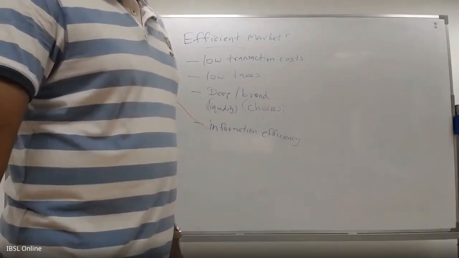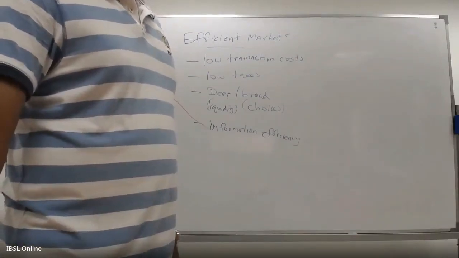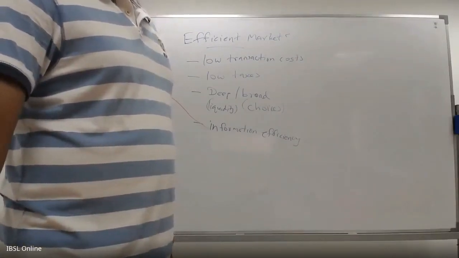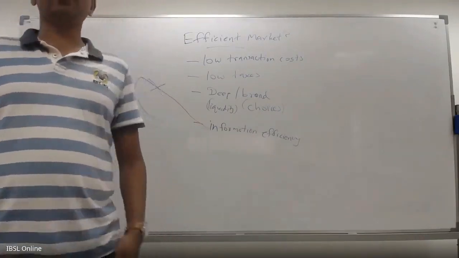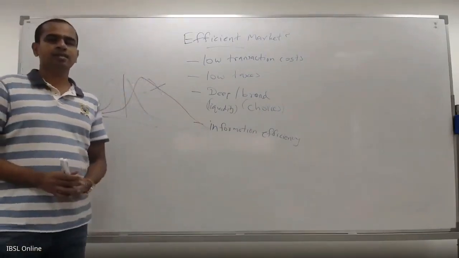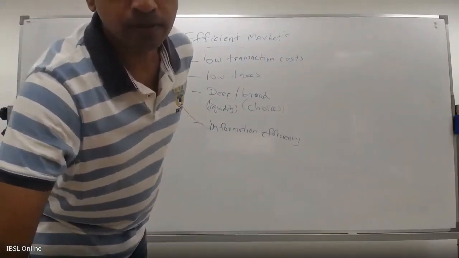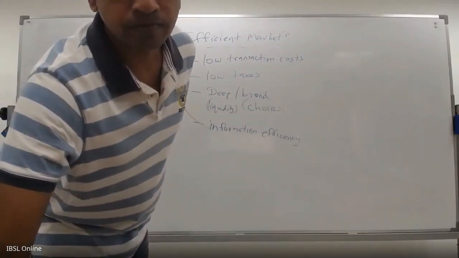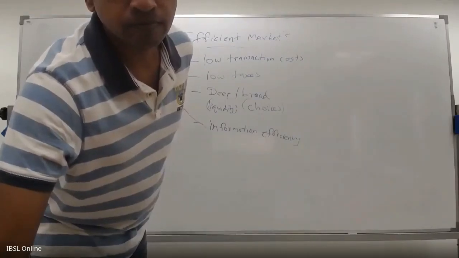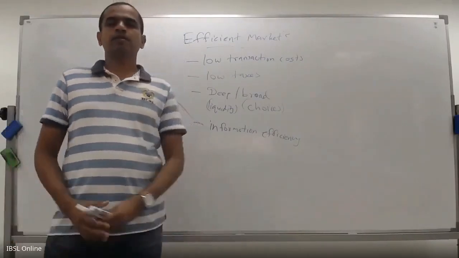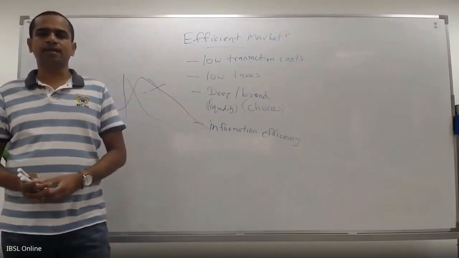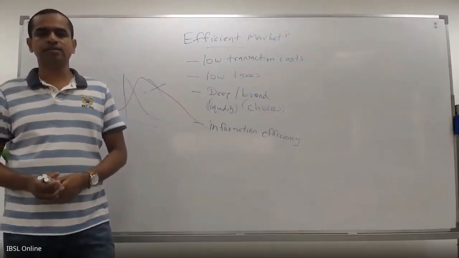So, modern portfolio theory. We will be discussing Markowitz portfolio theory. On asset allocation, an asset class is a group of assets with similar characteristics, attributes, and risk-return relationships.